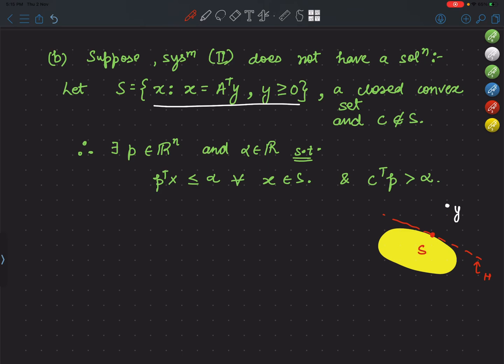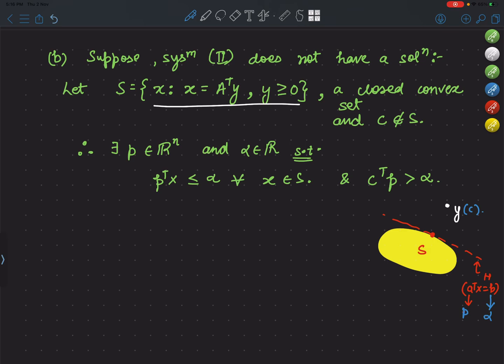H was given by A transpose x equal to B, correct? Now assume here A is P, B is alpha, your point is C and the set is S. So basically this is the theorem we are using here.